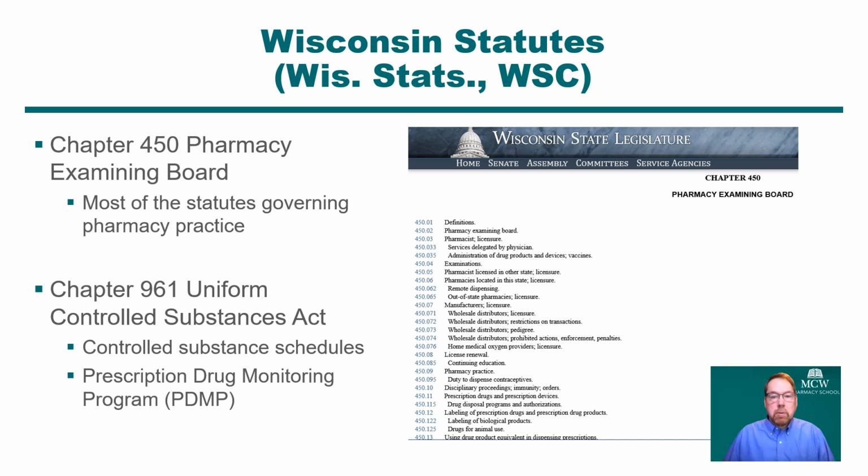This contains controlled substance schedules of various substances. It talks about prescribing practices of various controlled substances, and it authorizes the Prescription Drug Monitoring Program, or the PDMP, in our state. There is a long section on violations and penalties, which you generally probably don't have to get into, but it's there for your interest. But again, 450 and 961 are the ones we're going to use most.